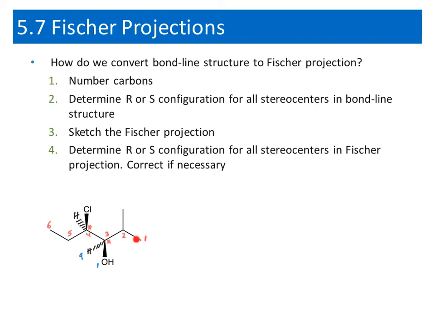Then between the isopropyl group and this carbon chain, the carbon chain wins. So this is number 2. And then we have number 3 here. So let's count. So it's 1, 2, 3. I am rotating clockwise and the lowest priority is in the back. So the configuration here is R.